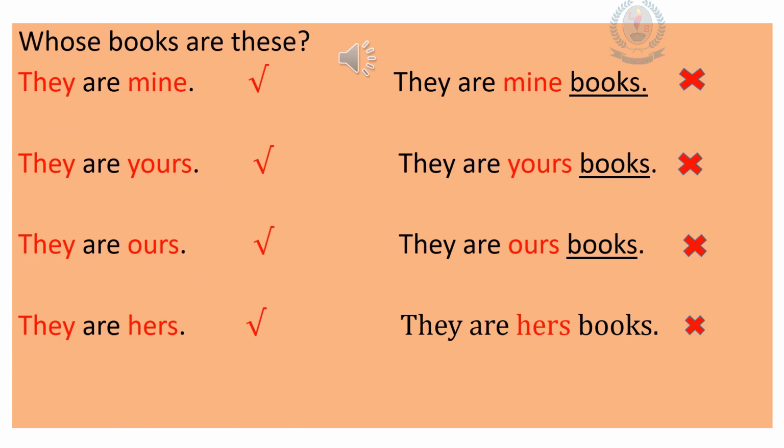Okay, children, let's look at these examples. Now, shall we read the question here? Whose books are these? Now, imagine these books are shown to you all. What are you going to say? How are you going to tell the answer?